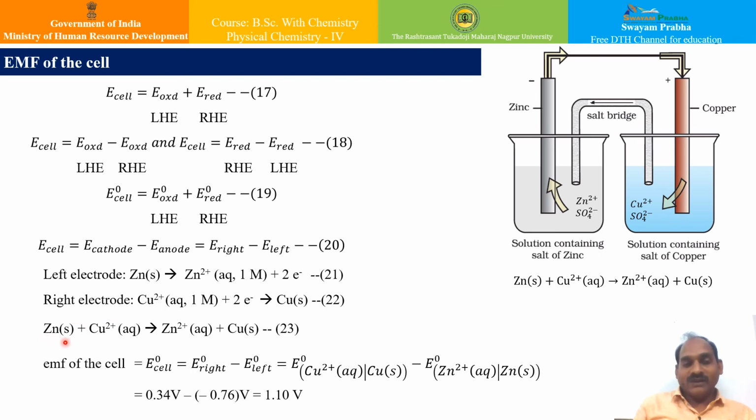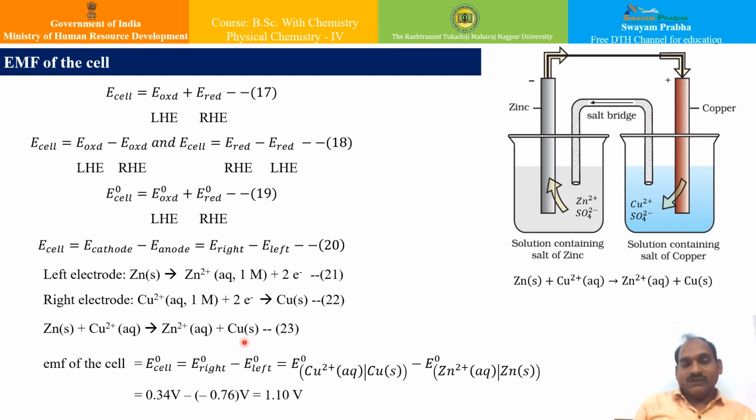The zinc electrode is releasing two electrons, thereby zinc ions go into solution, and the released electrons are absorbed by the copper ions, which are converted into copper atoms and deposited at the copper electrode. So the overall reaction is Zn plus Cu2+ giving Zn2+ plus Cu as deposited material.